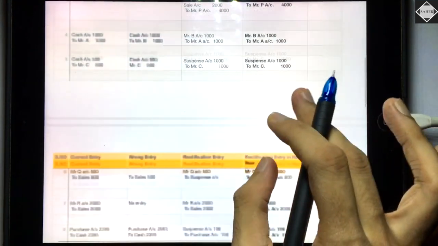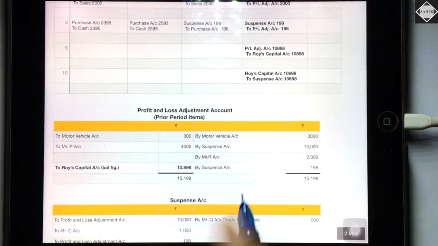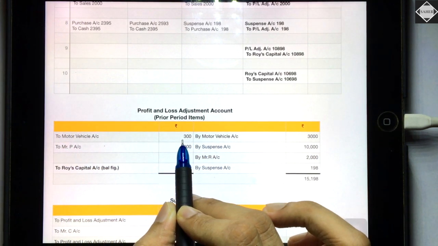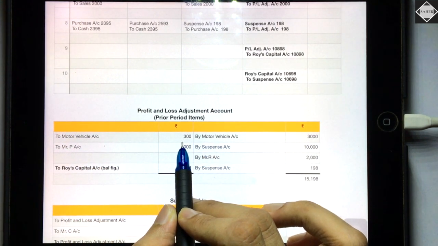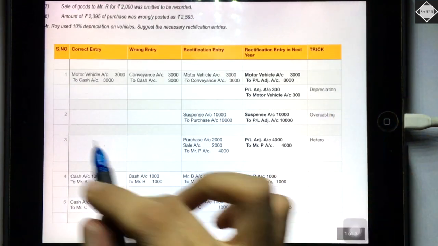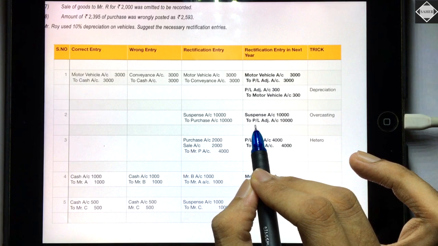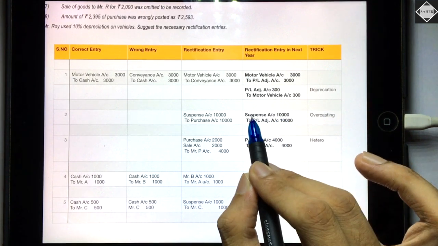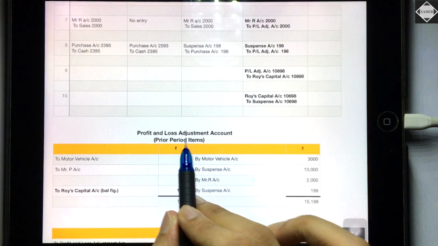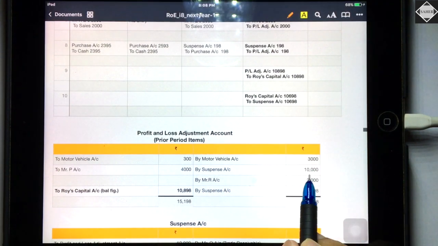So just go to P&L adjustment, it is getting debited because of motor vehicle 300. Clear? Easy. And then see, P&L adjustment is getting credited because of suspense 10,000.